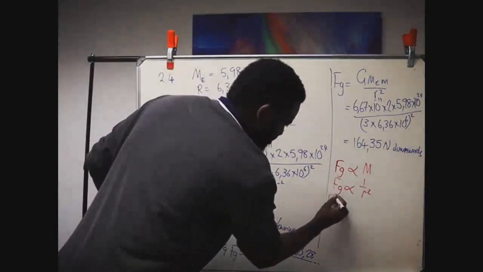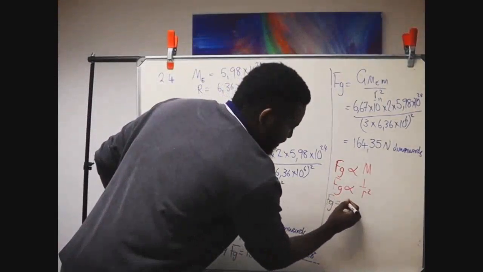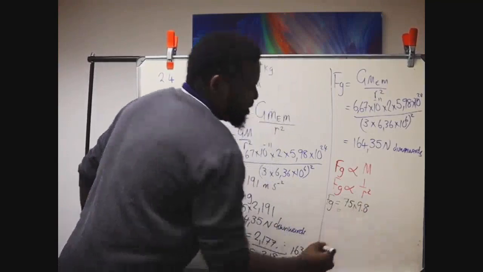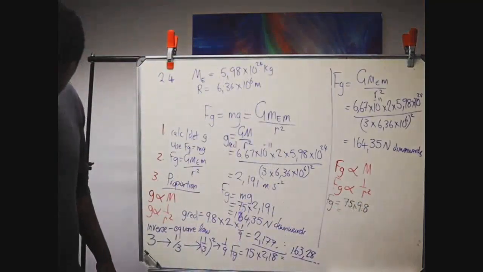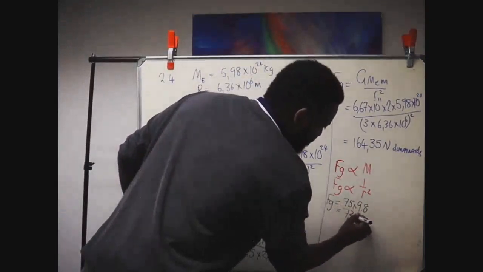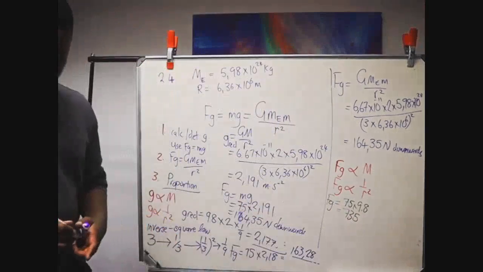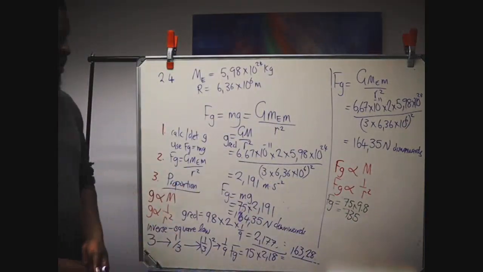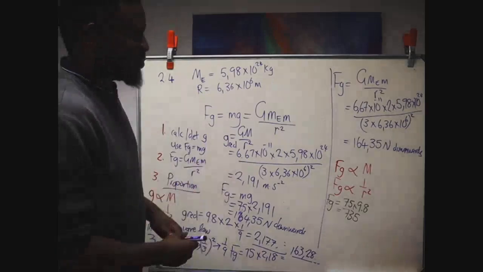On Earth, it will be 75 times 9.8, which is 735. Now you move to a new planet where the mass is twice the Earth.